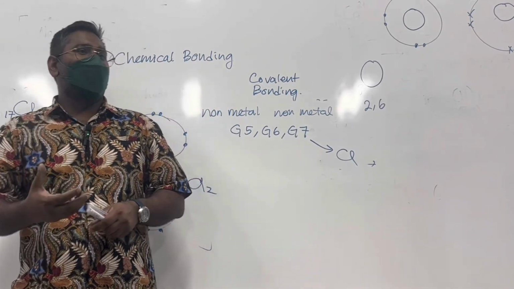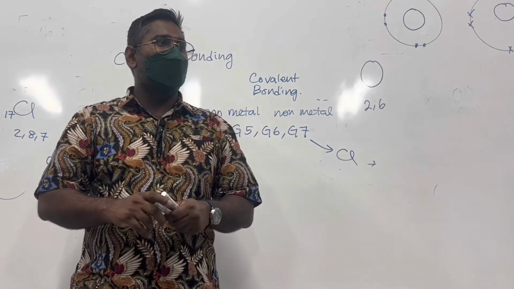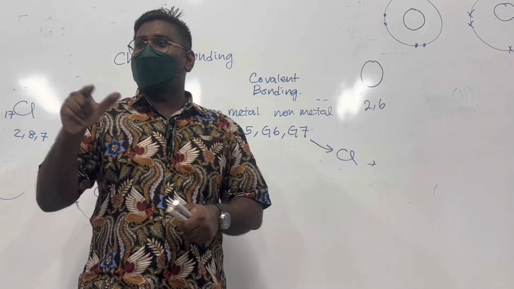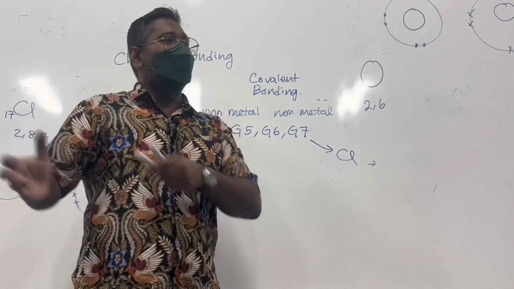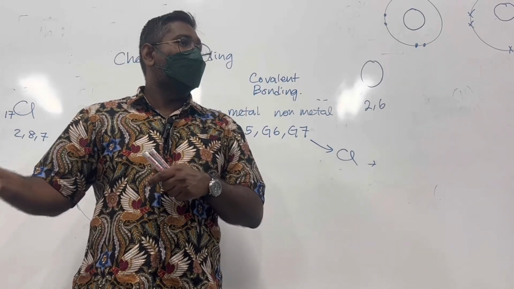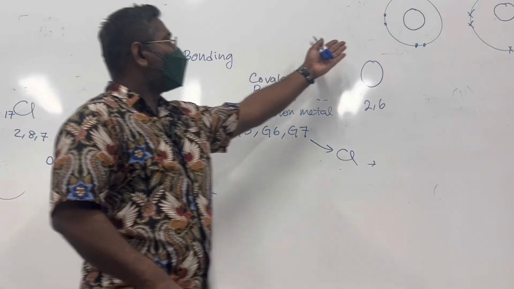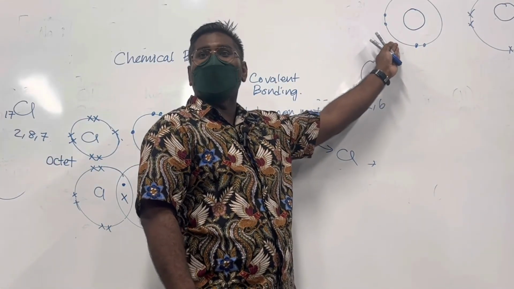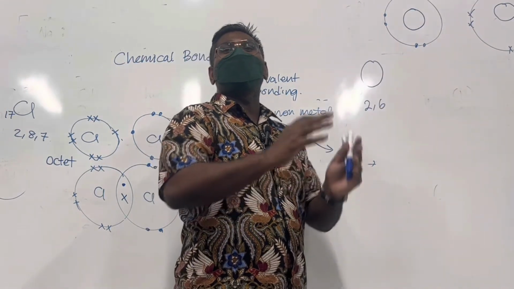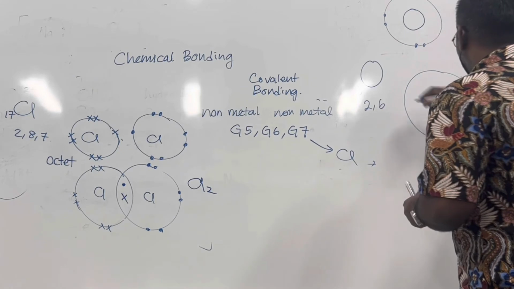If you want to share 2 electrons, you must be ready to set aside your 2 electrons for the other atom. So oxygen requires 2 electrons from another oxygen. They need to set it aside. So I draw over here, they will overlap.